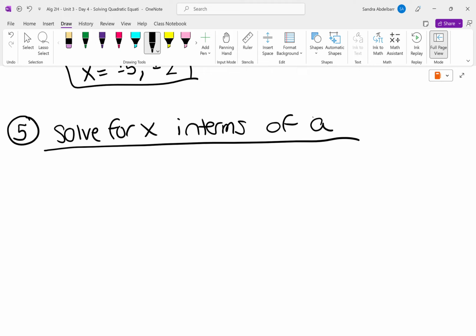Solve for x in terms of a. And the problem is 36 a to the fourth is equal to 25 a squared x squared minus 4x to the fourth.